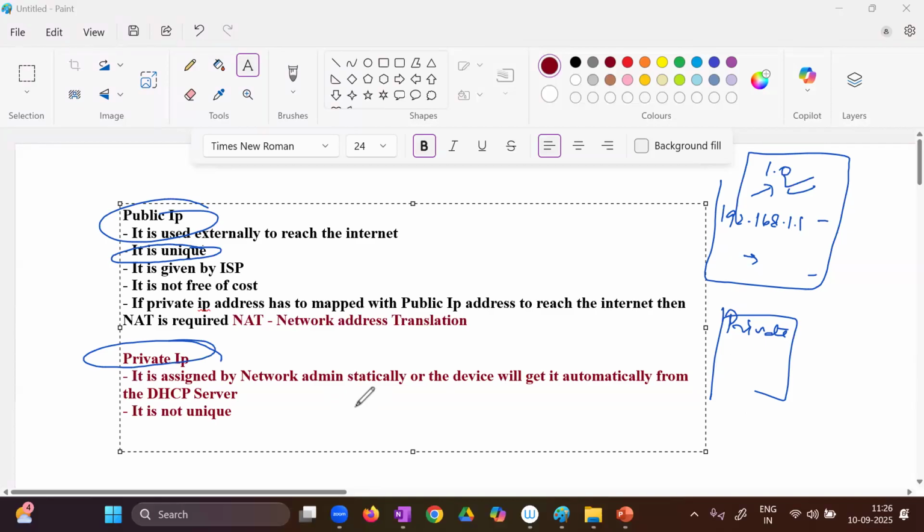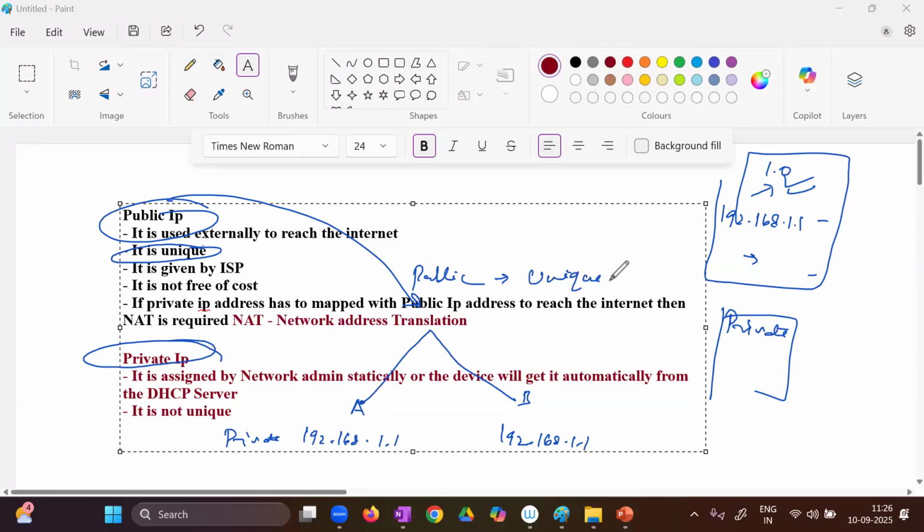If organization A is assigning IP addresses to its end devices such as 192.168.1.1, it is a private IP, fine, no problem. And organization B is also assigning, let's say, one of the devices in its network 192.168.1.1. It is also fine, no problem. Because when they both communicate with each other, they require a public IP address, and this is unique.